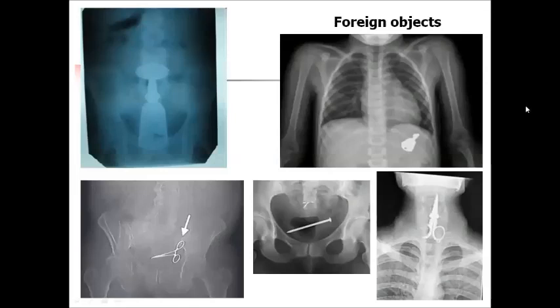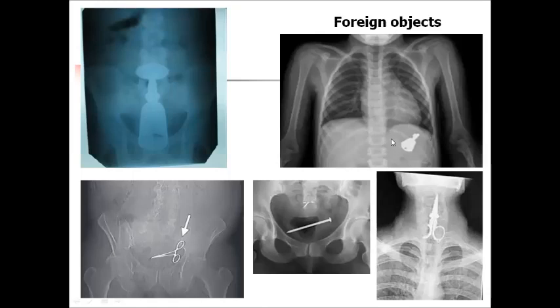Foreign objects, different things may be found, and plain X-ray is very helpful in this situation. It's fast and reliable, but alas, we can't also see contours of organs.